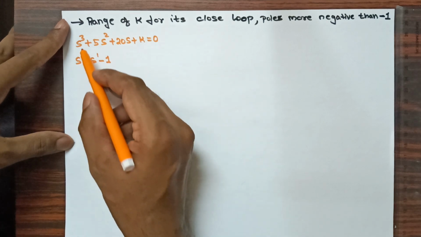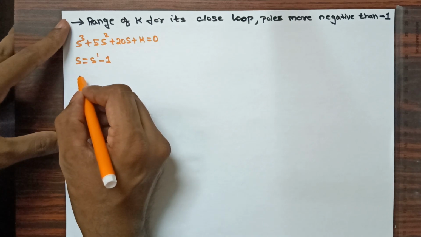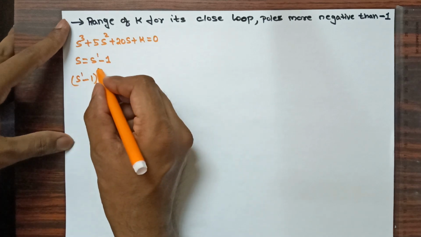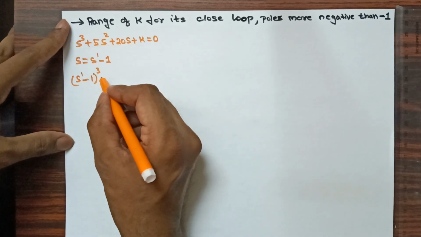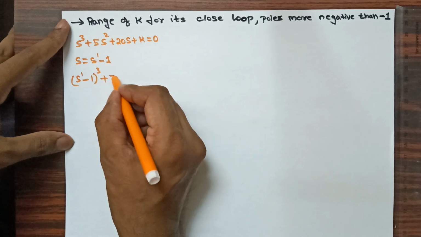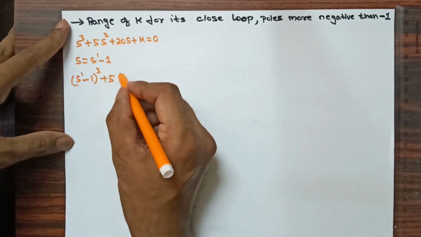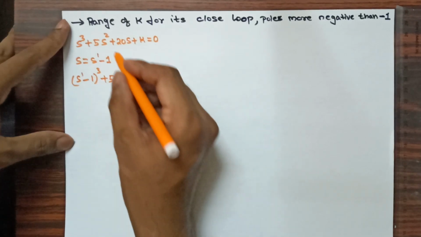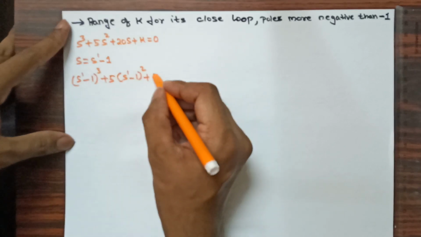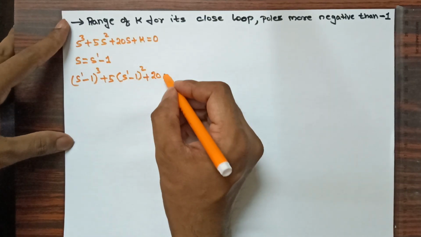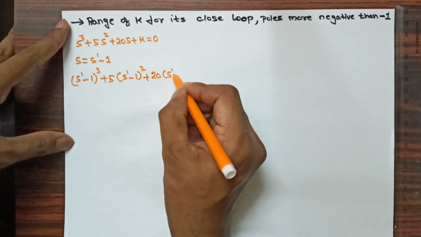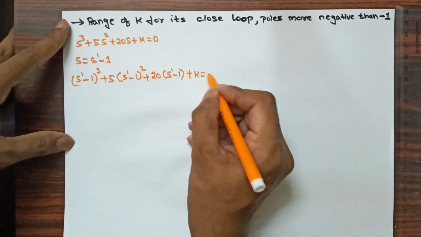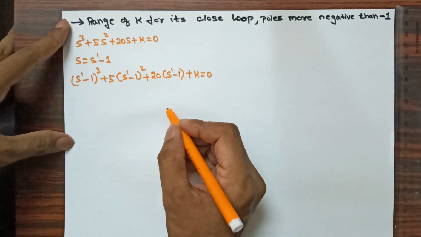By substituting this s value in the above equation, I will get (s dash minus 1) whole to the power of 3 plus 5 into s square, that is (s dash minus 1) whole to the power of 2, plus 20, and the s value is s dash minus 1, plus k is equivalent to 0.